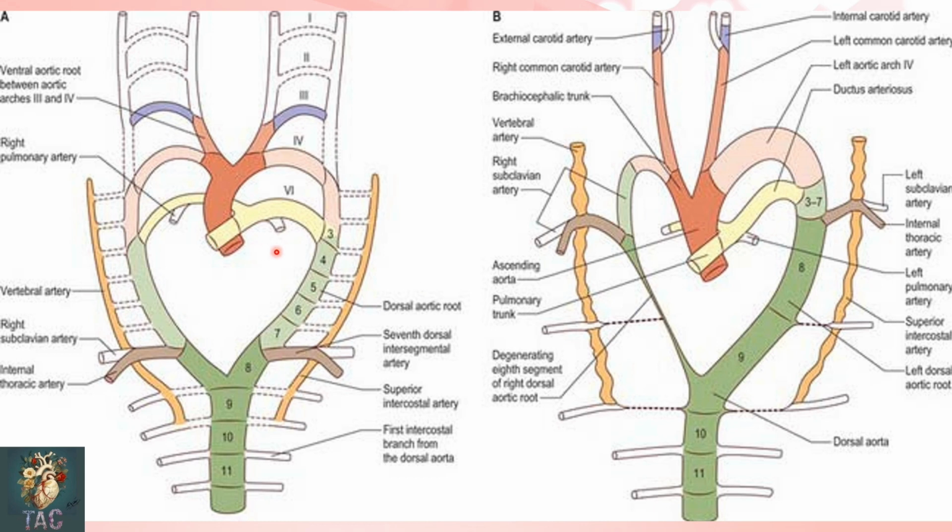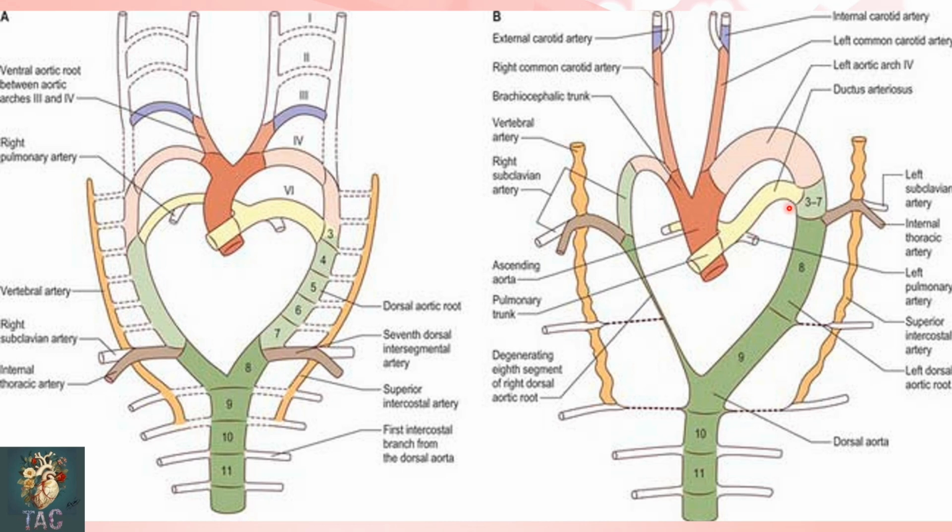After giving these branches, this area will disappear. So here you can see there is no part over here, but on the left side this area will persist and will form a connection. This is the ductus arteriosus.